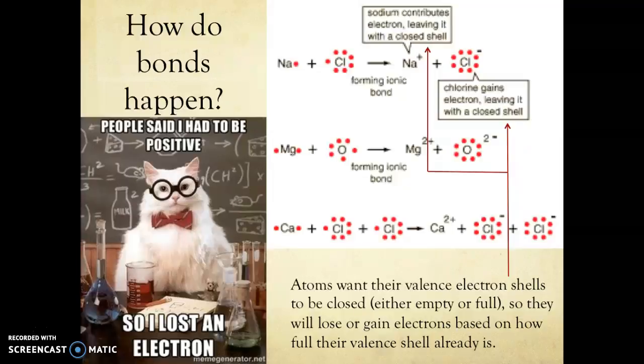So think of it as if the atoms are lazy. They want what they want, and they're going to do as little as possible to get it. Now, chlorine, on the other hand, has 7 valence electrons. It's much easier for chlorine to gain 1 to get to 8 than it is to lose 7 to get to 0. So again, they want either all 8 or they want nothing at all.